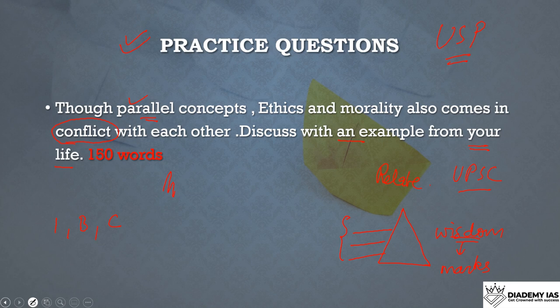Before starting the answer, I'd like to tell you that for ethics, writing is a bit different, because at the max you have to write 150 words. In exam pressure and exam time limit, you should restrict yourself to at the max 130 words. People don't tell this, because in test series you don't come to know this.